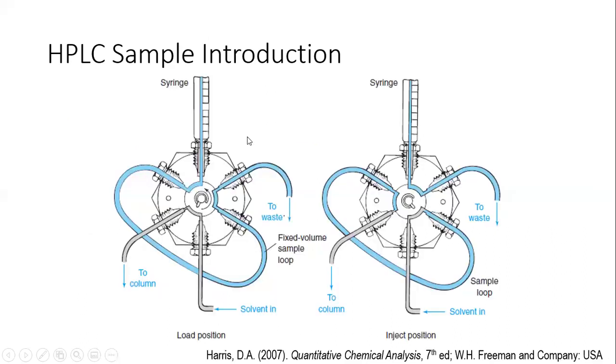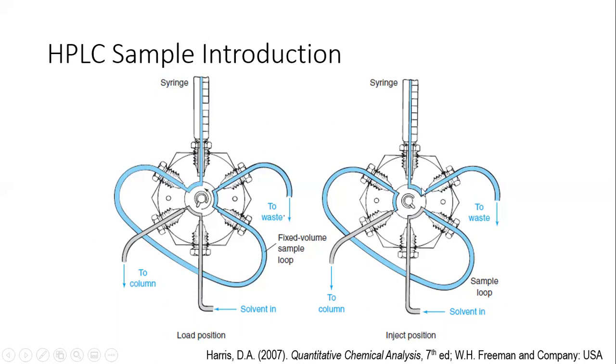So this time, kung ano yung na-retain na volume, for example natin kanina, 1 microliter. So merong 1 microliter of your sample that is already in this sample loop. So pag tinurn nyo na siya into the inject position, makakonect na yung pump ng solvents nyo to the sample loop.